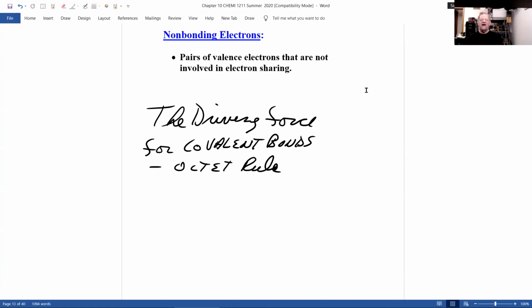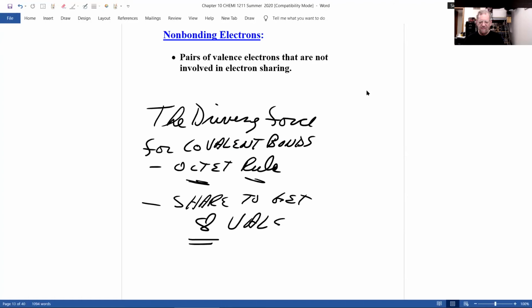And that is, as I had in an earlier slide, atoms gain, lose, or share, and in covalent bonds it is sharing, to get 8 valence electrons. And that's why it's called the octet rule.